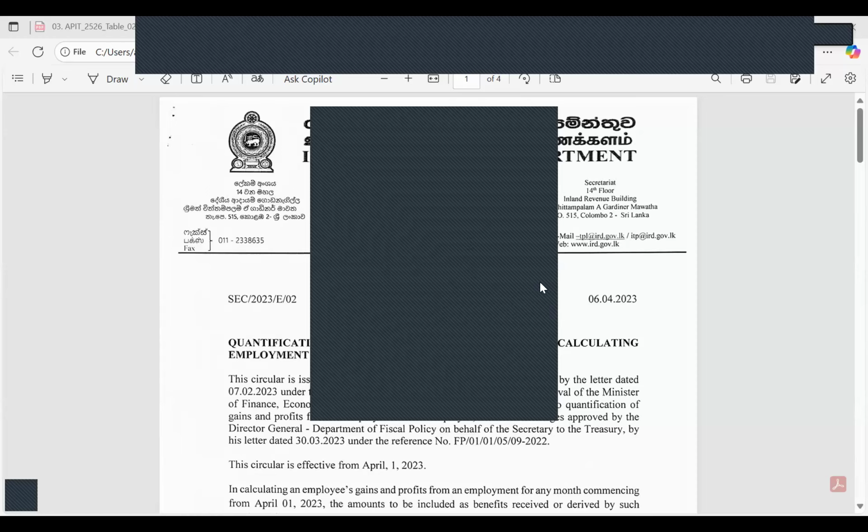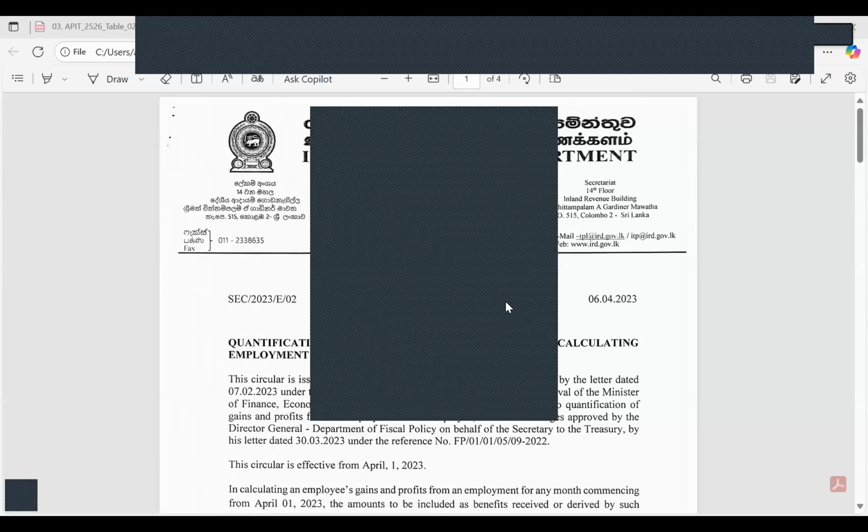It can be because it is an agreement between the employer and employee. Based on the agreement, it can happen. But taxes should be deducted at the time of making that payment. So if they are making that lump sum payment at that time, the total tax should be deducted using table 2.